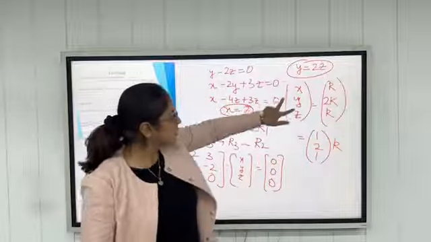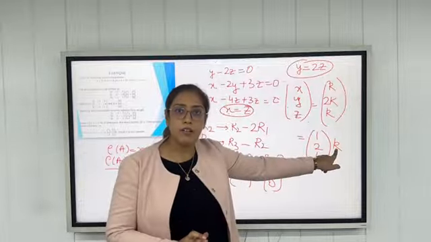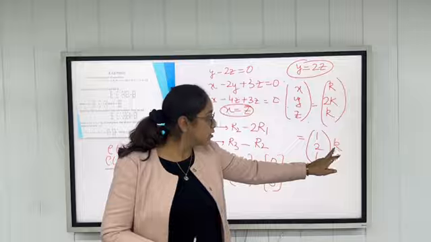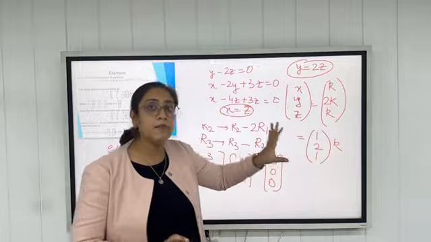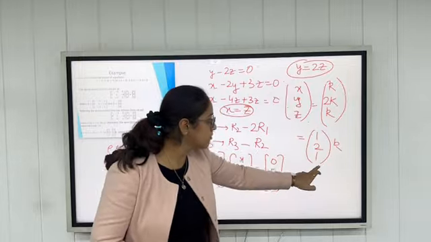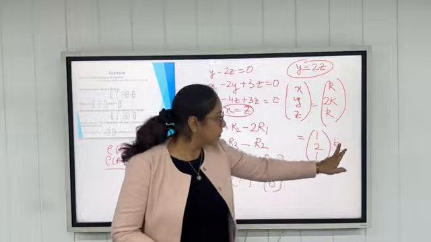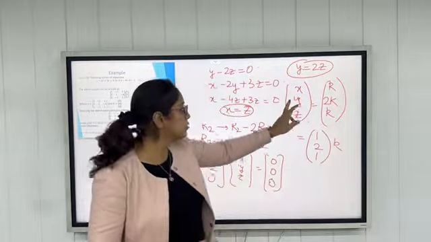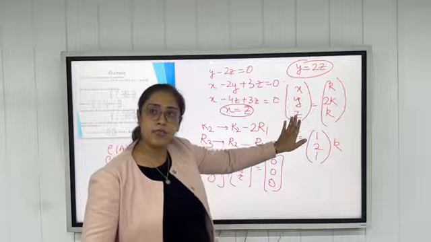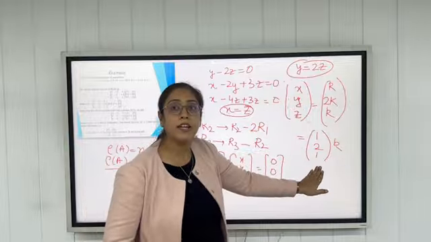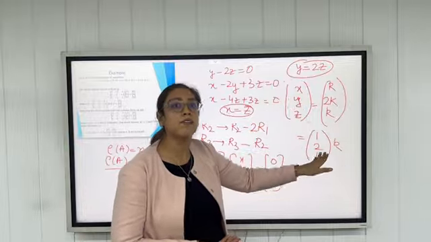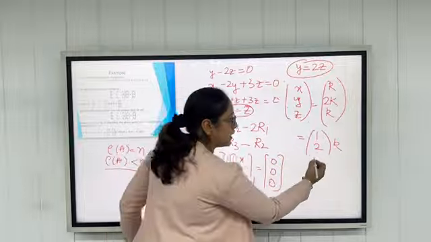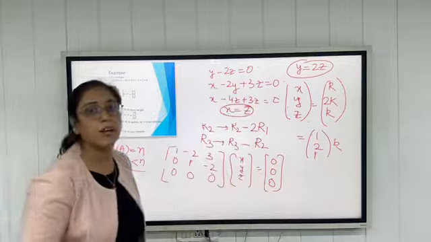That means you can put k as any value, where k belongs to the real numbers. So your infinitely many solutions will be the multiples of this vector 1, 2, 1. For different values of k, you will get different solutions, that is different values of x, y, z. So we are getting infinitely many solutions, and they are the multiples of this vector 1, 2, 1.